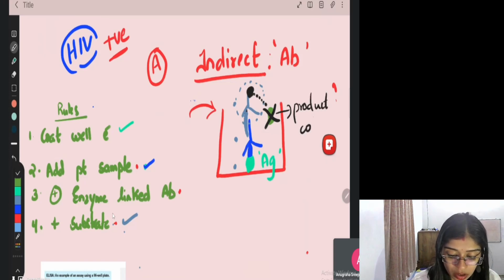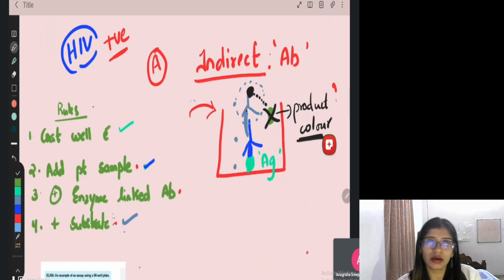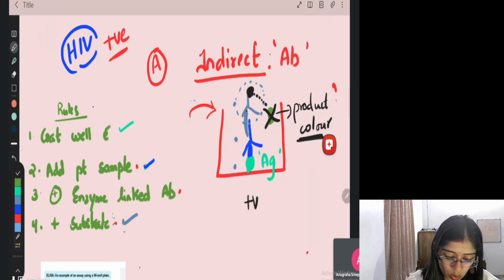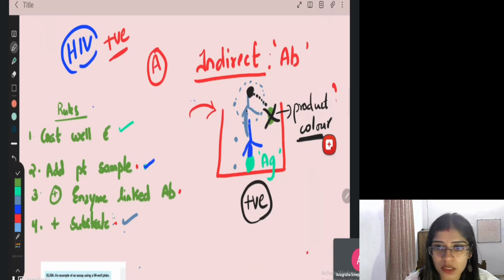It will produce a colorful product. So in short, if you see a color, it could be any color depending on what substrate and what enzyme you're adding. So if you're seeing a color change in your well, it means that the patient is positive for that specific disease. Clear?